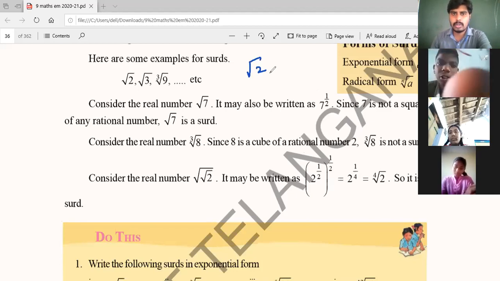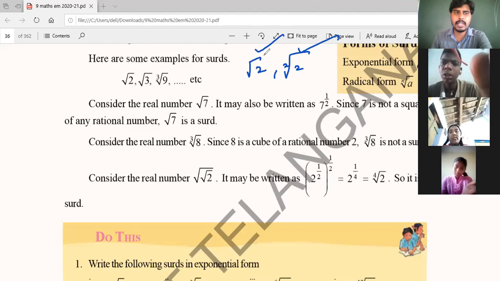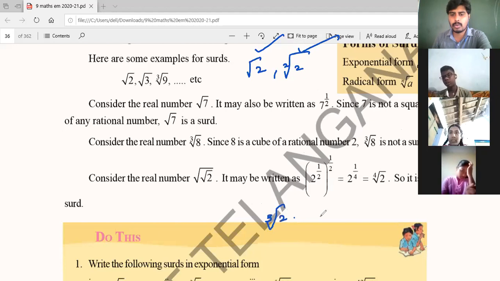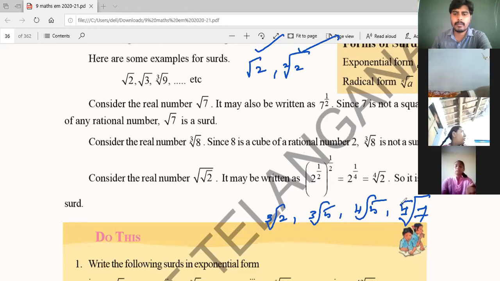For square root you can write the 2 or leave it, no problem, but for cube root, fourth root and so on you must write the number. For cube root 2, cube root 5, fourth root 5, fifth root 7 you must write the number, but for square root there is no need to write 2.